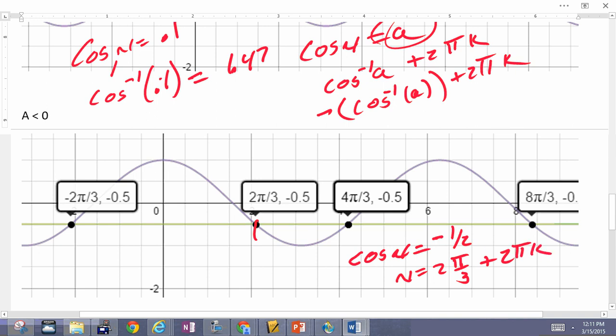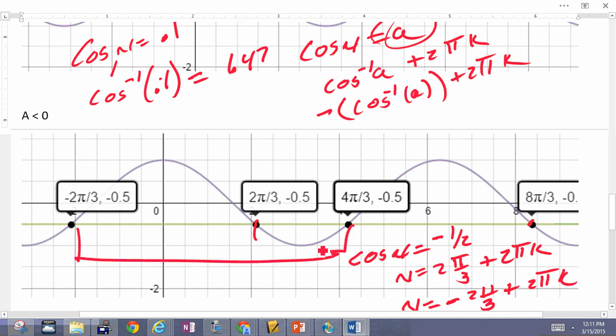So 2 pi over 3 plus 2 pi will give us this one down here. And we can say it's also equal to the opposite of that same solution, negative 2 pi over 3, plus 2 pi k, which are all solutions, which gives this one and then this one.